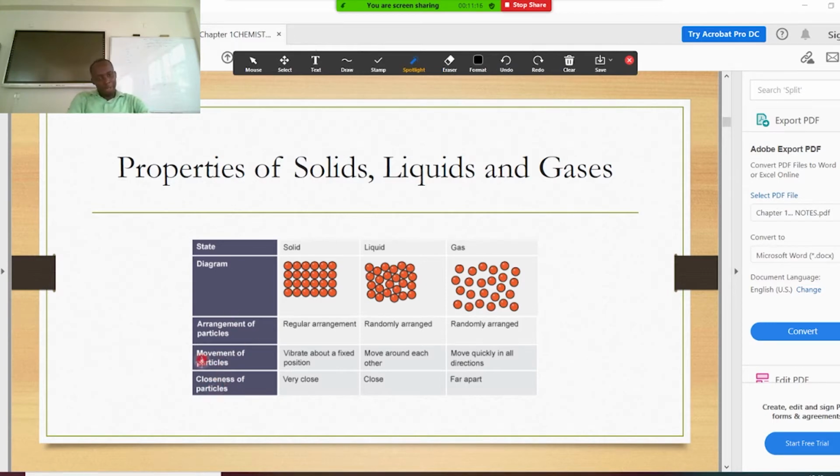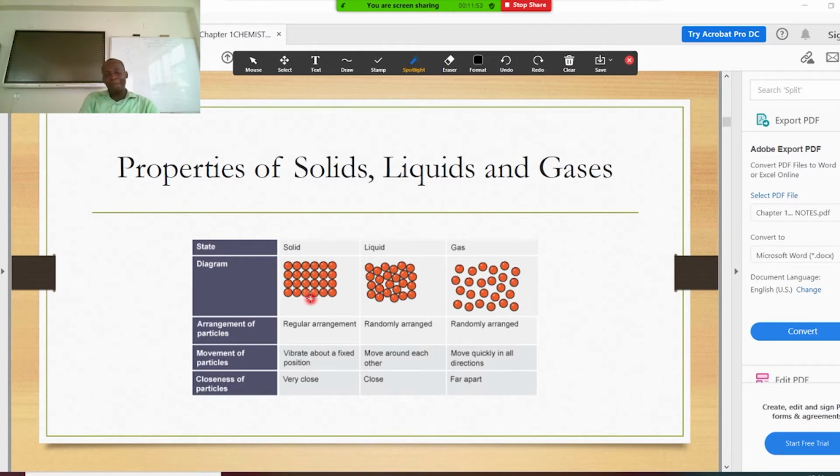Before we delve deeper into these properties, let's look at the diagrams closely. If you look at solids, a piece of ice has an ordered arrangement. The molecules in the ice are closely packed, they are tight. In the diagram for the solid, the particles are orderly arranged.